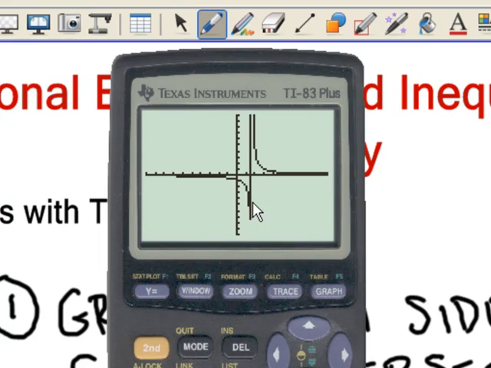So there's a little bit of a limitation with our graphing calculator when we're dealing with asymptotes, but if we know that there should be an asymptote around this point, we should realize that this line is just an asymptote.